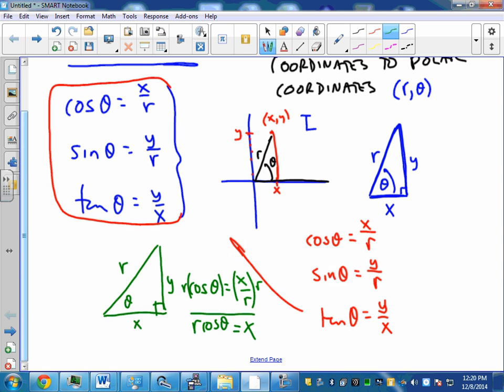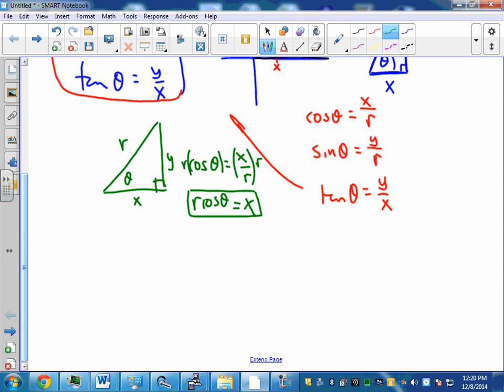And this will be one of our conversion equations in polar coordinates. Likewise, same triangle, but now let's consider y and r and theta. So we have the sine of theta is y over r, or y is r sine theta. That'll be our second one.